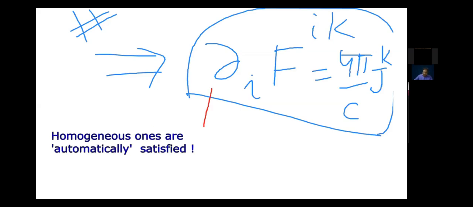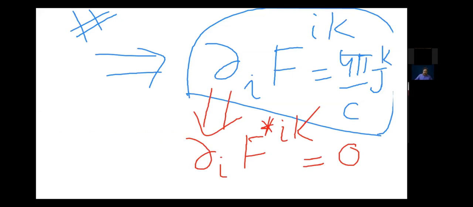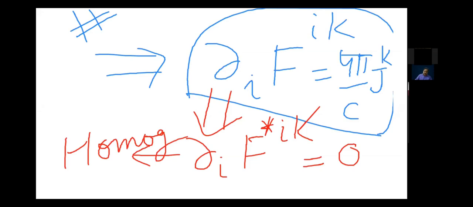And then if you satisfy the inhomogeneous Maxwell equations, then the homogeneous Maxwell equations are automatically satisfied, right? And the homogeneous Maxwell equations are like this, equal to 0, where F star ik is the dual. You know that it is the dual field strength tensor, and we had always talked about the dual field strength tensor in writing the homogeneous equations, whereas these are the inhomogeneous equations. Okay, this is one thing.